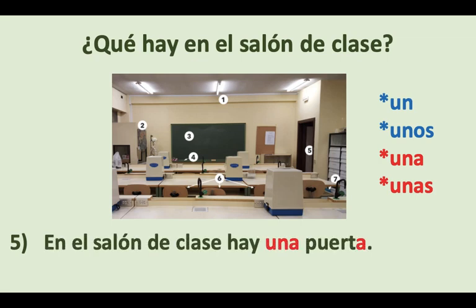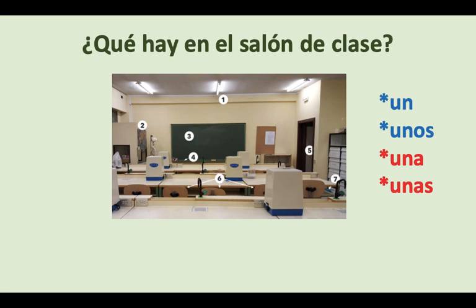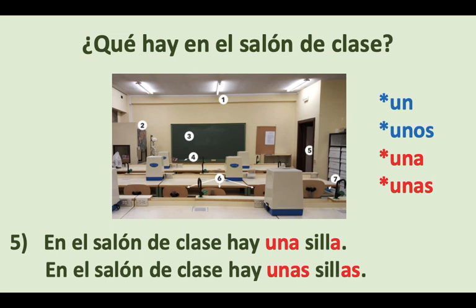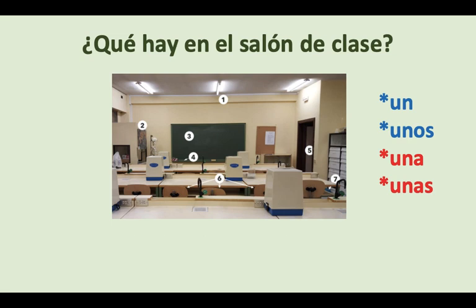¿Qué hay en el salón de clase número 5? En el salón de clase hay una puerta. ¿Qué hay en el salón de clase número 6? Sorry, I didn't change the number. Número 6. En el salón de clase hay una silla. O en el salón de clase hay unas sillas. ¿Qué hay en el salón de clase número 7?